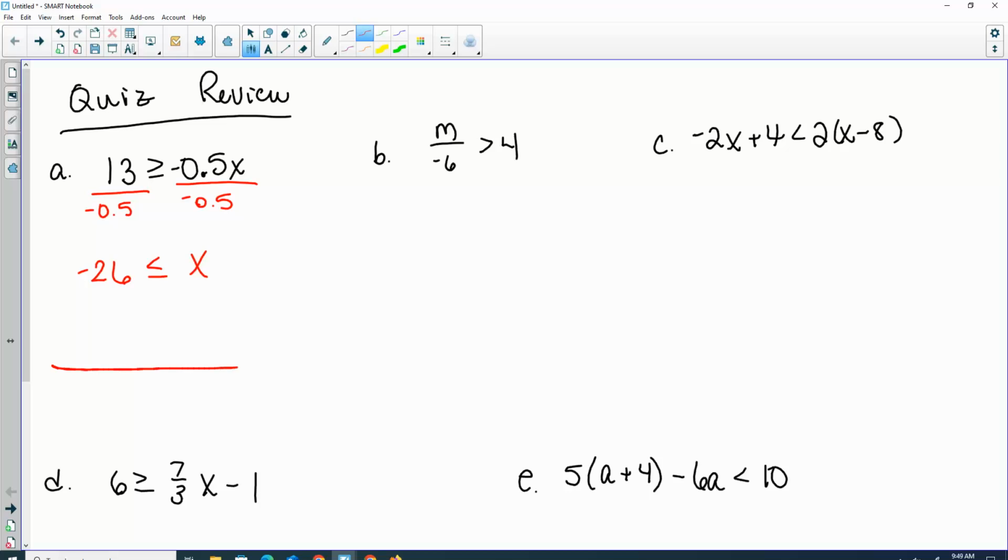Okay, you will have to graph them. I will give you just a blank number line with tick marks on it, and just like we were doing on our homework, you have to label it. It doesn't necessarily matter where, but you have to have a negative 26 at some point.